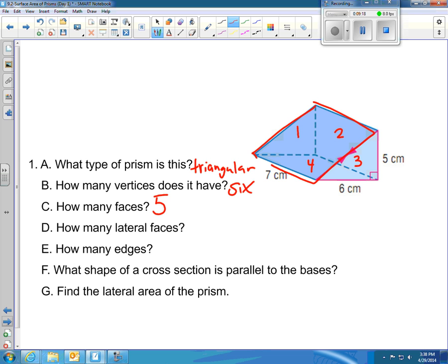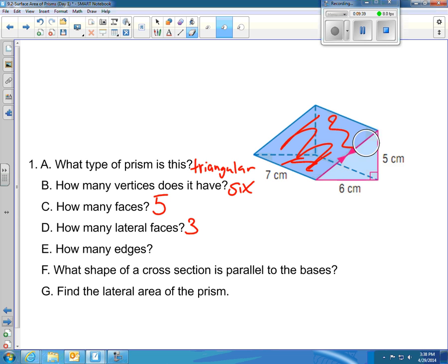How many lateral faces does it have? So now we're going to talk about just the sides, not including the bases. Well, if I had 5 total faces, 2 of them were bases, so that means I have 3 lateral faces, or those 3 sides of the triangle. How many edges does it have? Okay, so let's go ahead and find our edges.